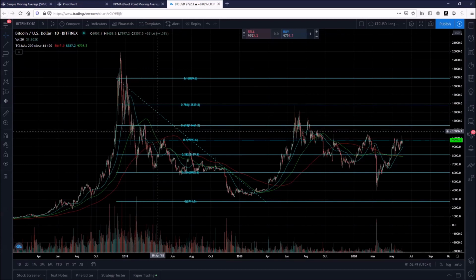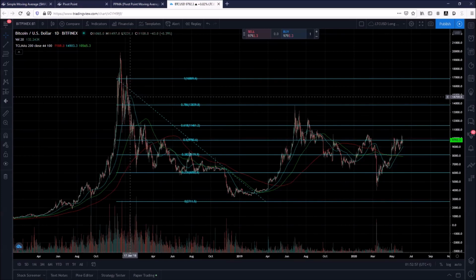The next one confirms it, and the 200 seals the deal, because you're going further back in time with each one progressively. So this tells me in the most recent 44 candles, a change has occurred. The average of those last 44 candles is starting to decrease.